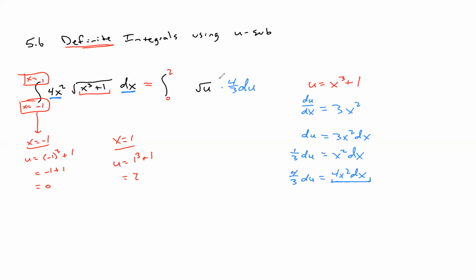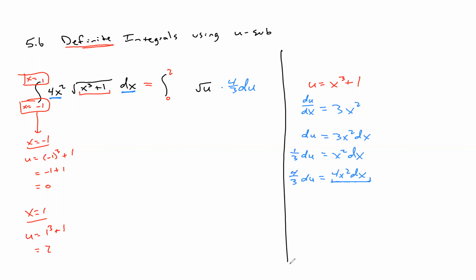All right, so let me just clean things up a little bit, make a little bit more room for us to work. Let me move all this down here so I have more room for my integral. All right, so let's finish our integral.